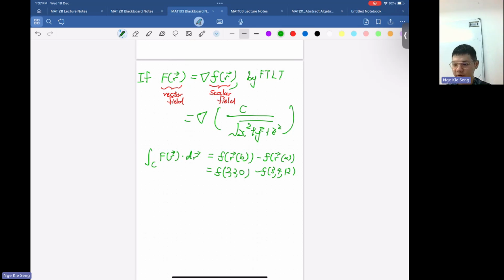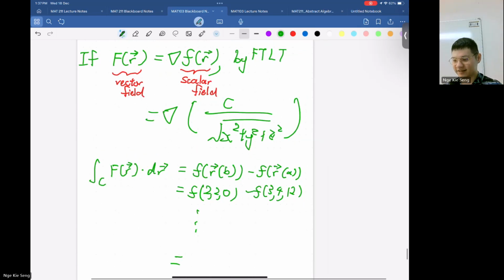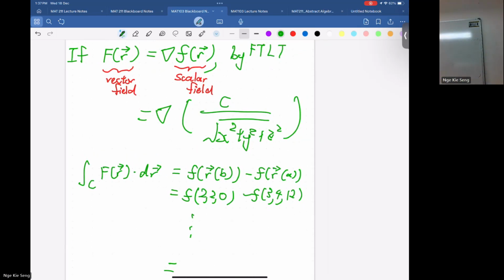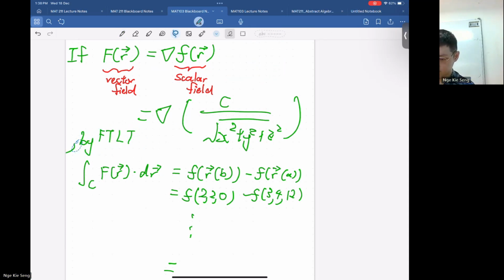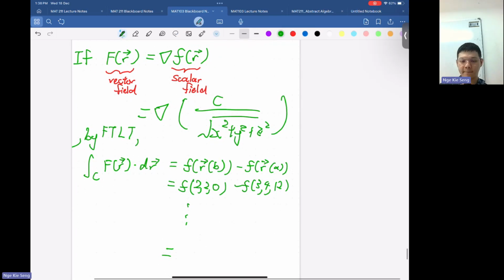Can you quickly compute for me what this number is? Using the small f, what do you get? C times something.